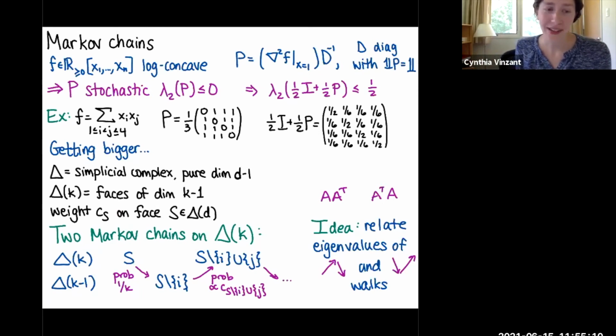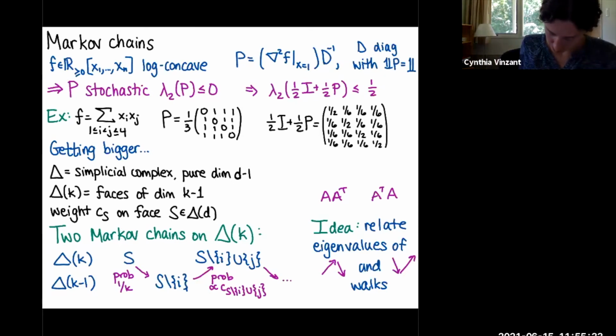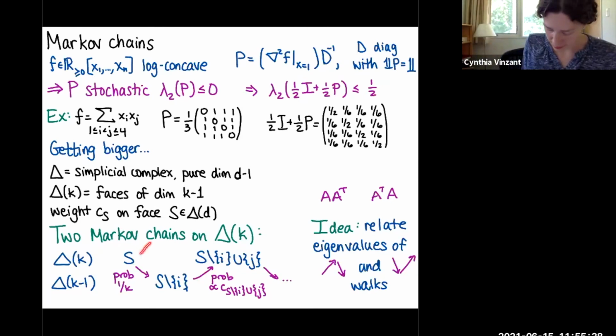And so in particular, one can relate the eigenvalues of these two random walks, namely the random walk on subsets of size k and the random walk on subsets of size k-1. And even more so, as one can imagine from this picture, if k is not the top, if k is not d, then I can also do a walk going from subsets of size k to size k+1 and then coming back down.